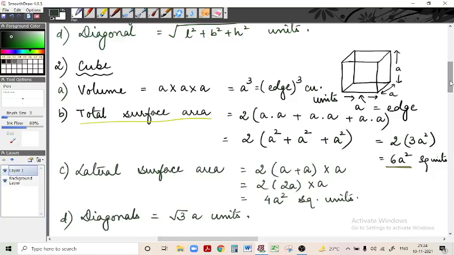Those types of questions we will do, and keep in mind that mensuration is very, very interesting. You only have to understand the basic things like edges, length, breadth, height, and accordingly memorize the formulas. But memorizing the formulas means you have to do a lot of questions, so the formulas will be memorized very easily.